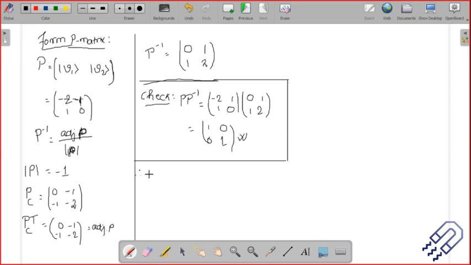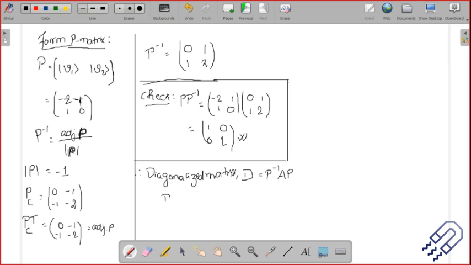So if we just want to find the diagonalized matrix now, we present it as D, let's say. If we diagonalize it, we have to write it in the form P inverse A P. If we do this matrix operation, we should be able to get the diagonal matrix.